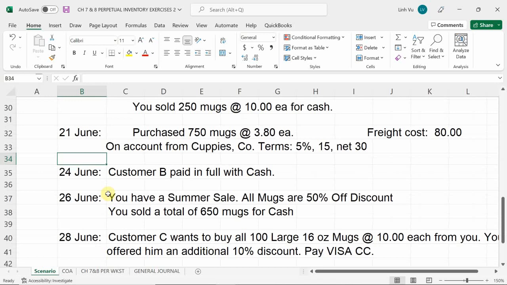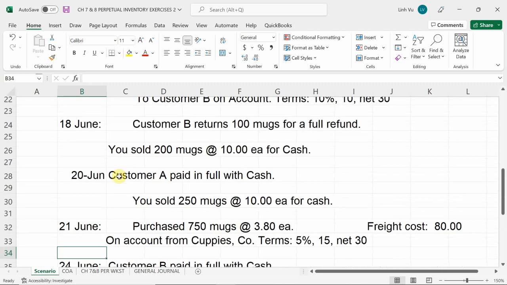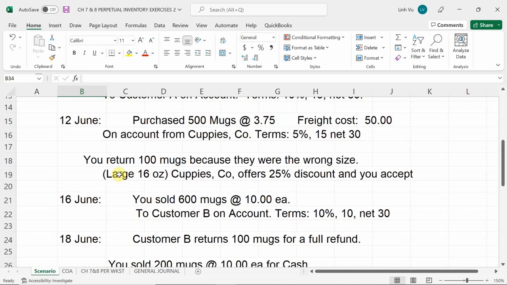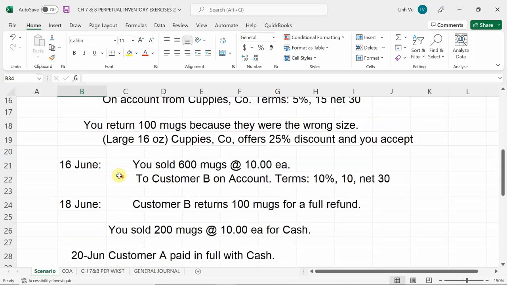Then on June 24th, customer B decides to pay in full with cash. So let's take a look at customer B. We sold 600 mugs to customer B on June 16th. However, a couple days later on June 18th, customer B returned 100 of those units.